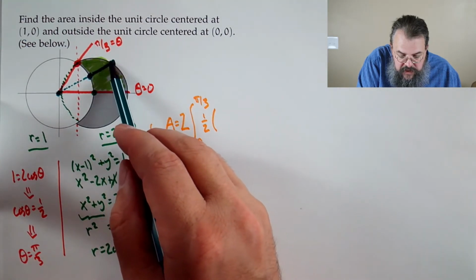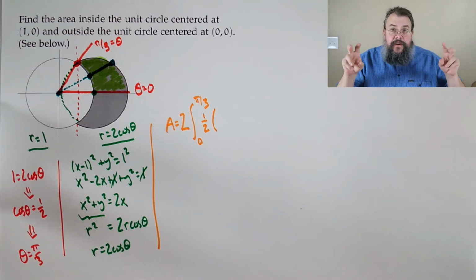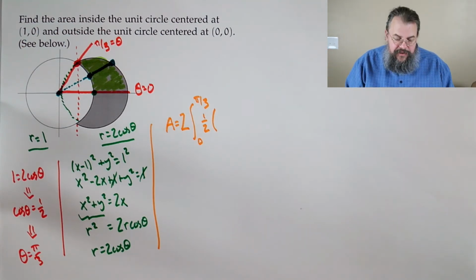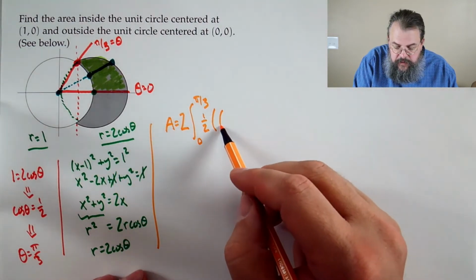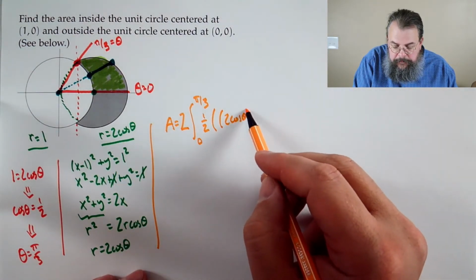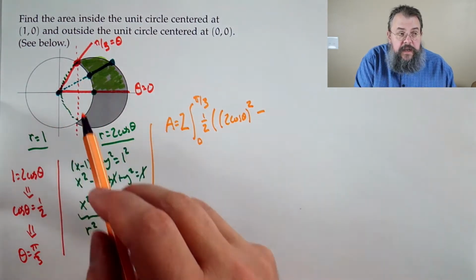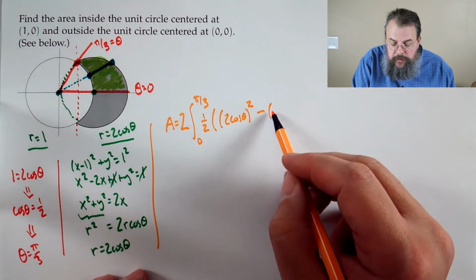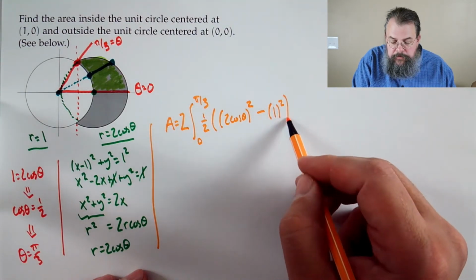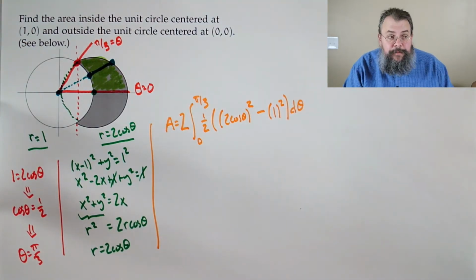The last curve you hit is the outer curve. So you think of the last curve as the big radius. So that would be the 2 cosine theta. So we're going to take 2 cosine theta squared minus the first thing we hit. That's our unit circle centered at the origin, which has r equals 1 squared. All right, so there's our setup.